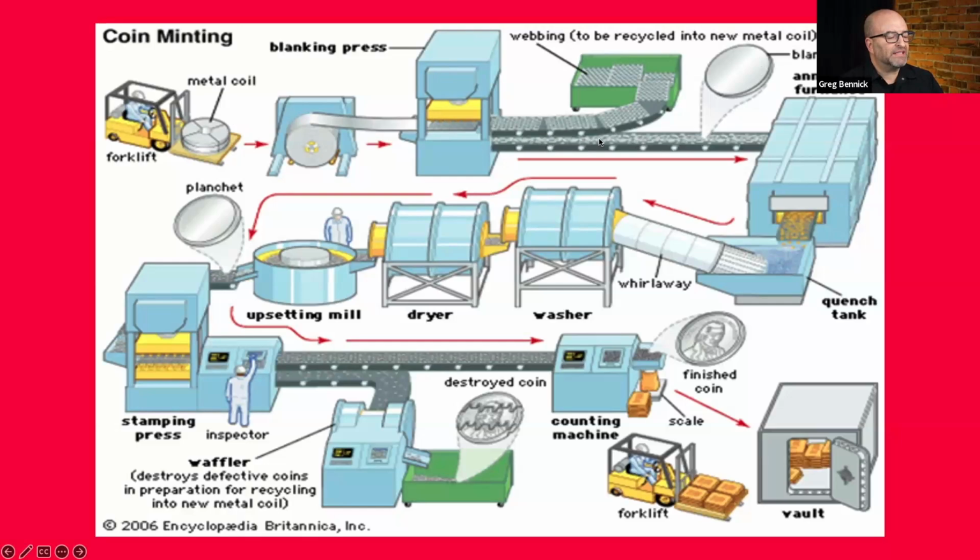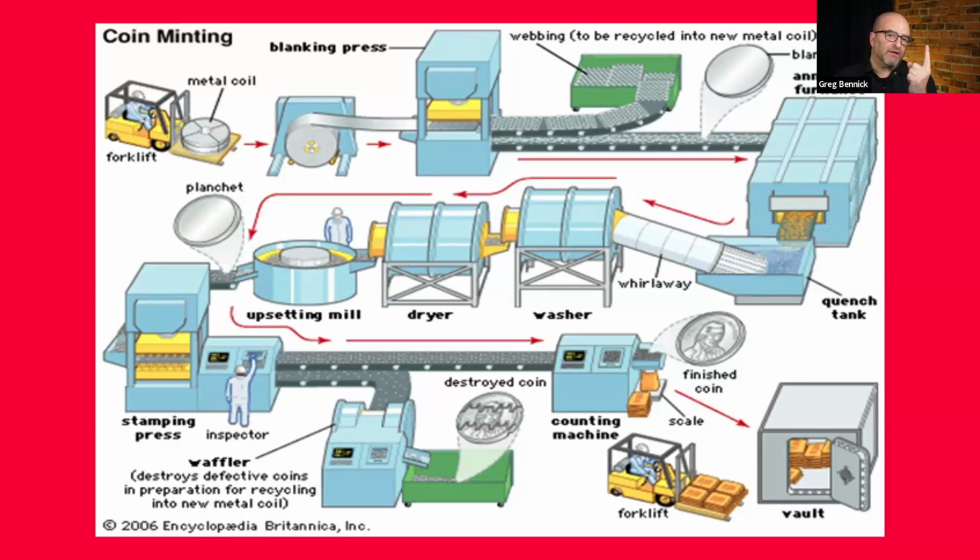But for these blanks that have been cut out, these blanks end up in what's called an annealing furnace, and they're heated there, and then they're put into a quench tank, which basically gets them ready to be struck. They go through a washer and a dryer, and then an important process that'll come into play in a moment, an upsetting mill. The upsetting mill essentially is a machine that has a slightly narrower diameter than the blank.